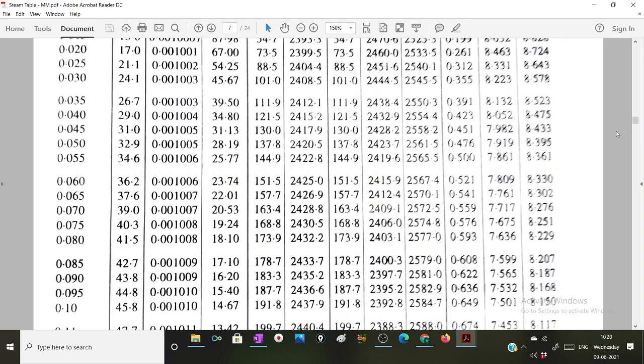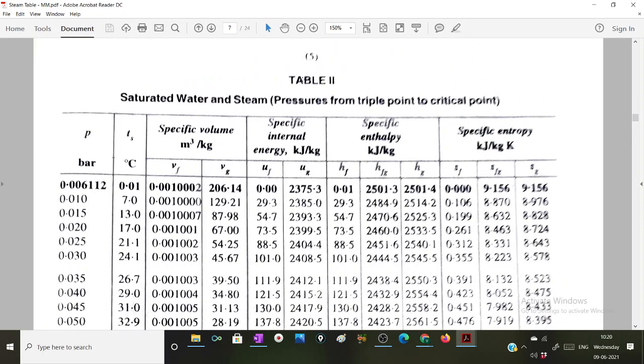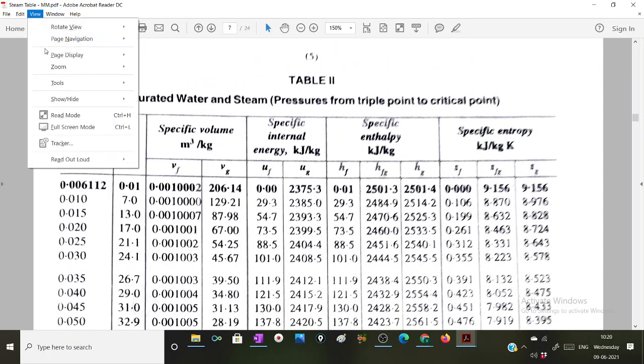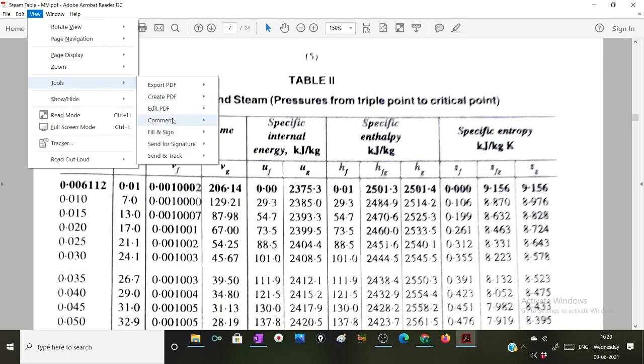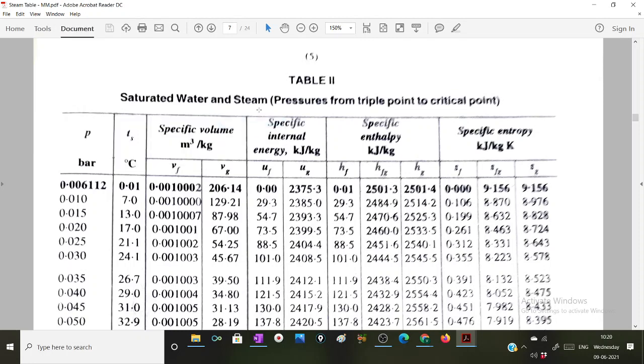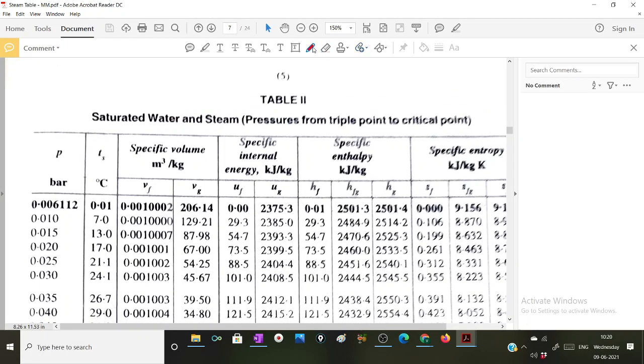See, this is table number 2 we are supposed to use.